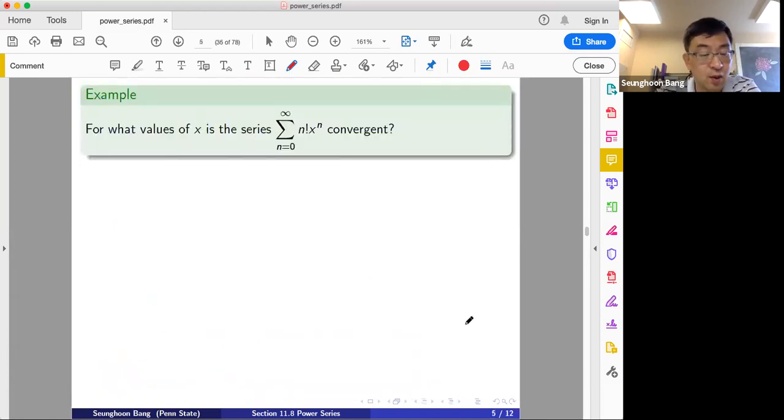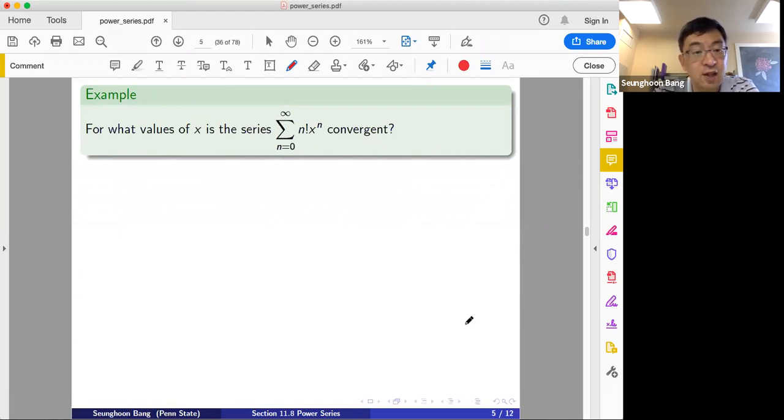So this is the problem: for what values of x is the series convergent? The power series is also a series. How can you check whether a series is convergent or divergent? We learned 7 tests: the test for divergence, the integral test, the direct comparison test, the limit comparison test, the alternating series test, the ratio test, and the root test.